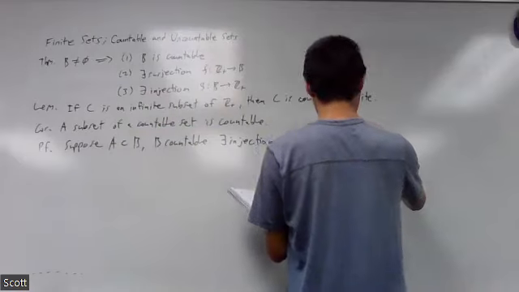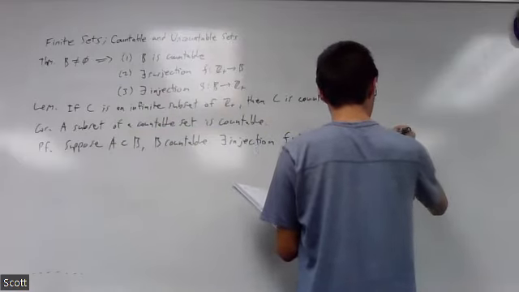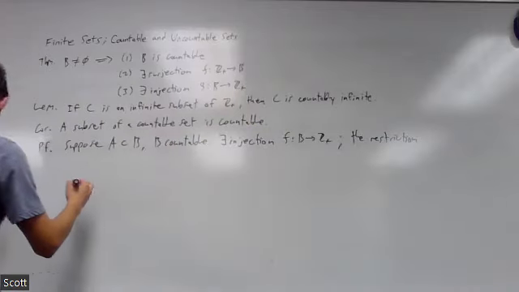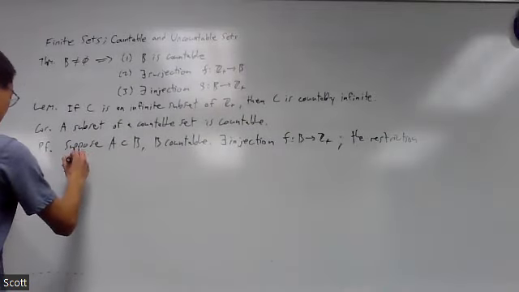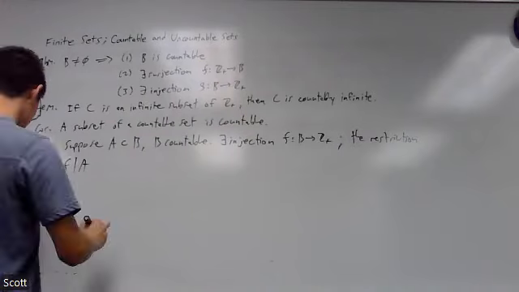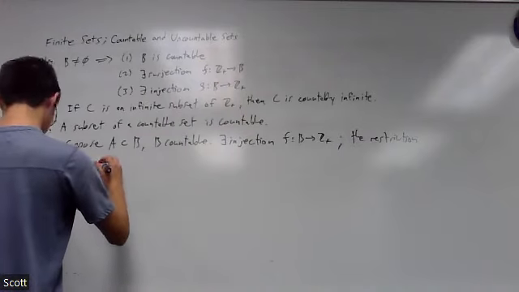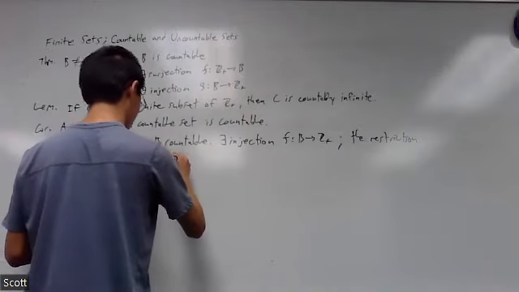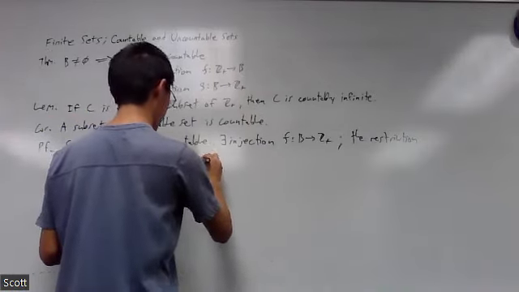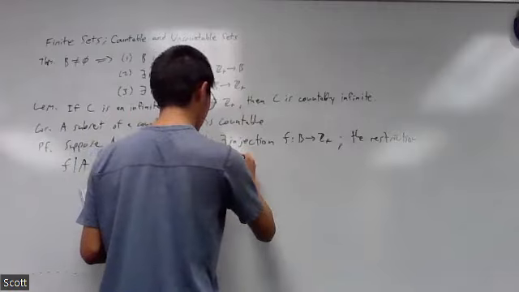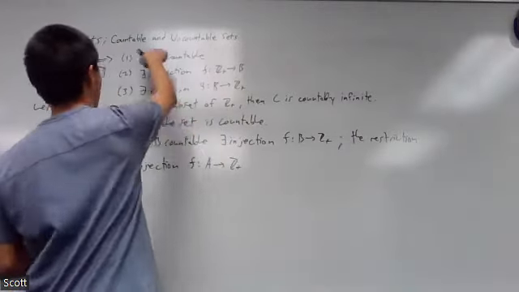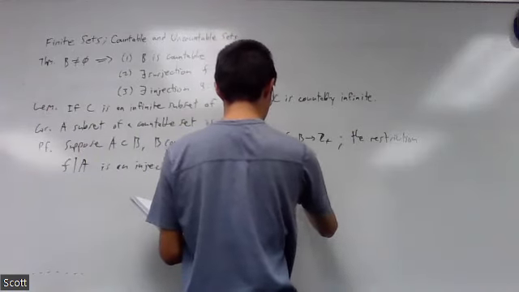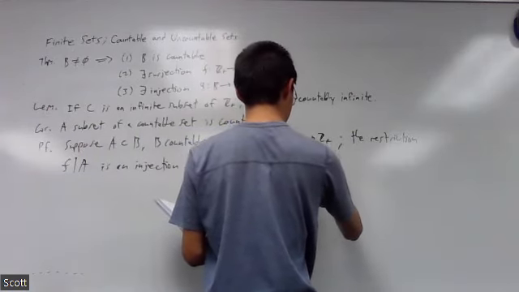And because A is a subset of B, we'll restrict this injection to A. This is an injection that takes A. And then you go back and say, okay, we have an injection, so A is countable.